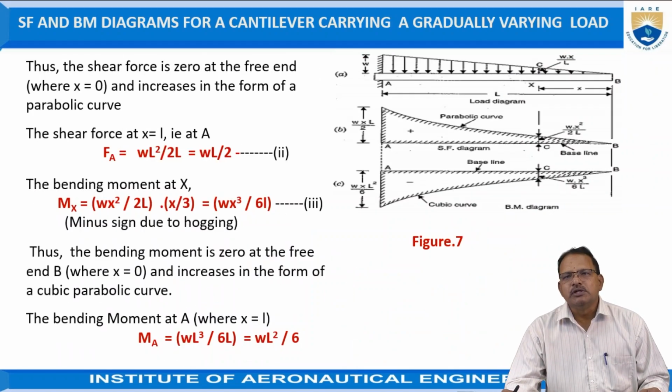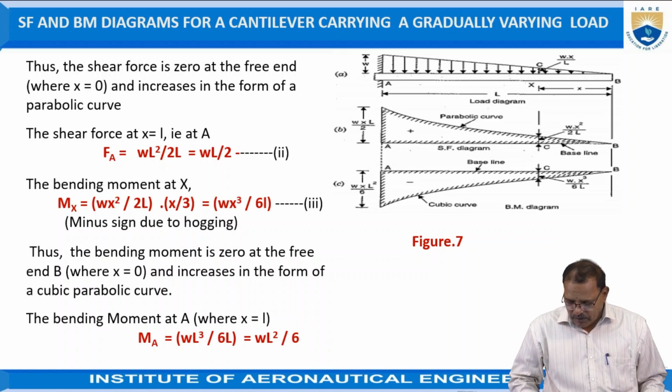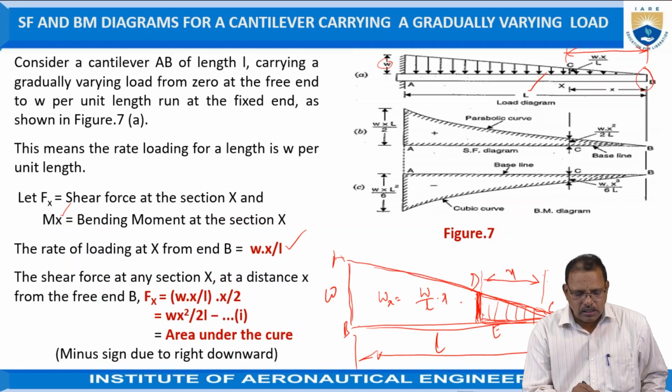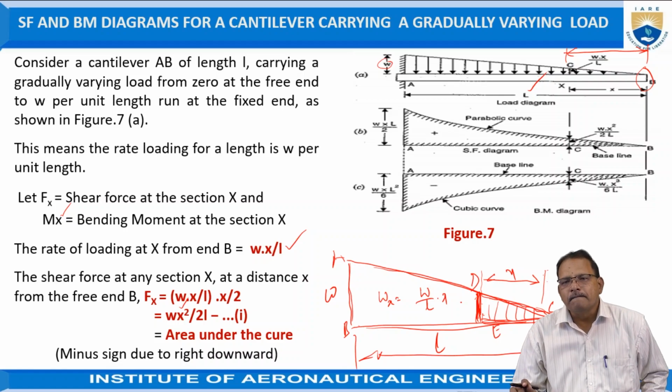The shear force is 0 at the free end, that is when x is equal to 0, and increases in the form of a parabolic curve, because if you observe this equation, the shear force at any section x from the free end is proportional to the square of the distance. Hence it varies from B to A in the form of a parabolic curve.